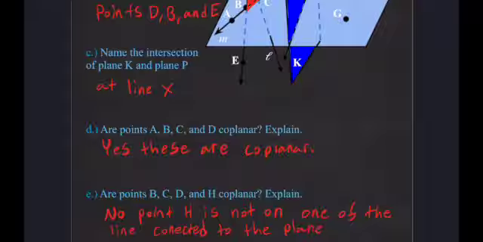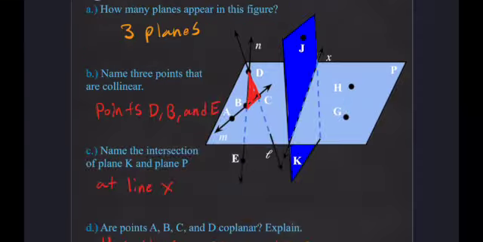And I'm sure you guys might be able to come up with another explanation for that as well. But the main idea is that the point is not part of one of the lines that makes the plane up.